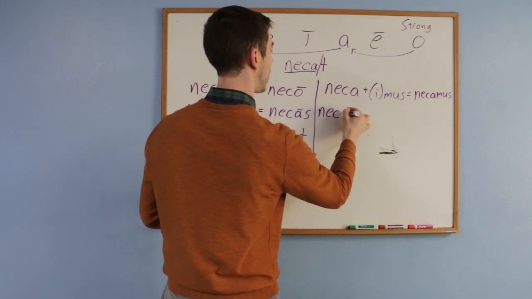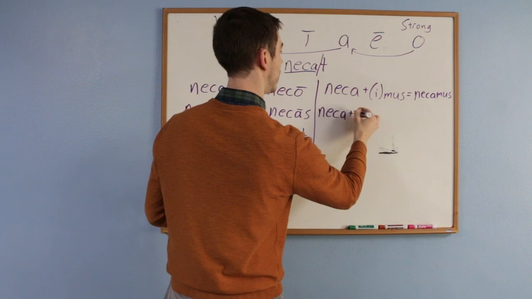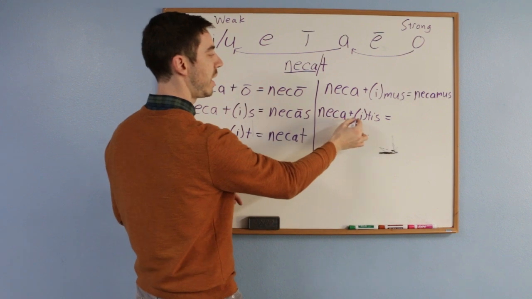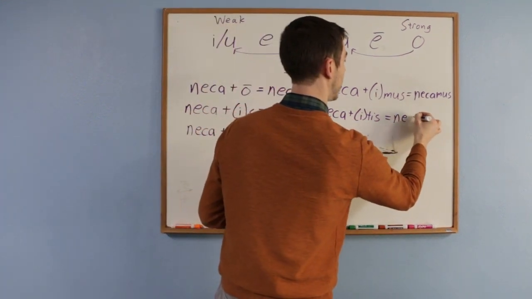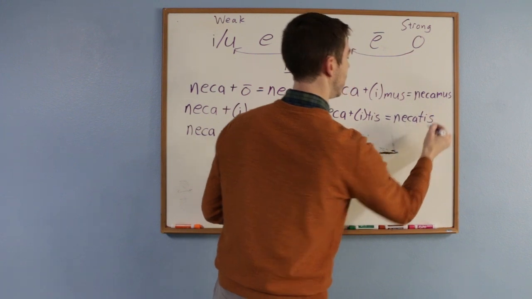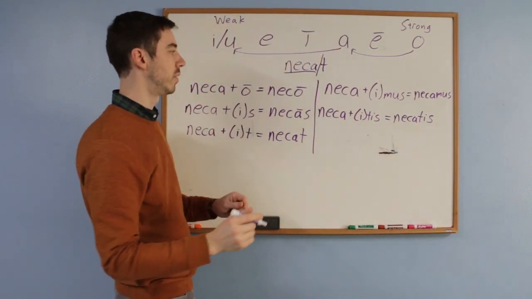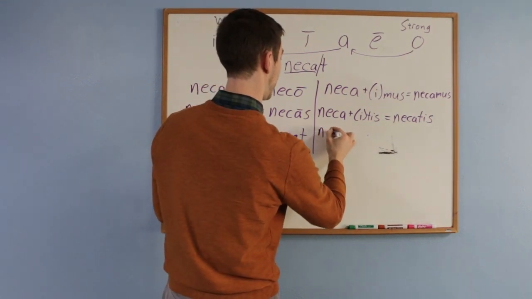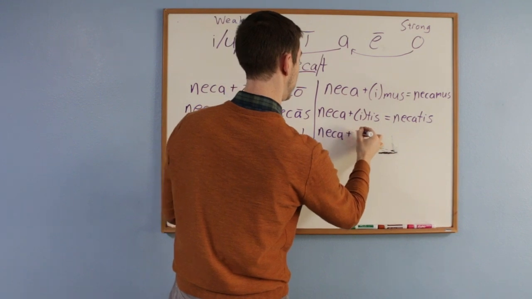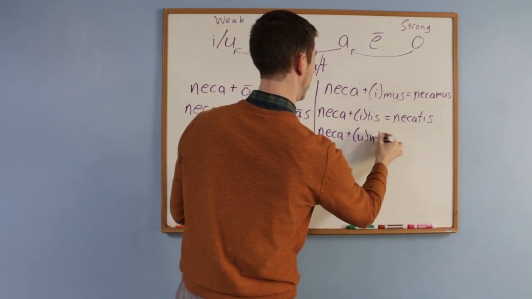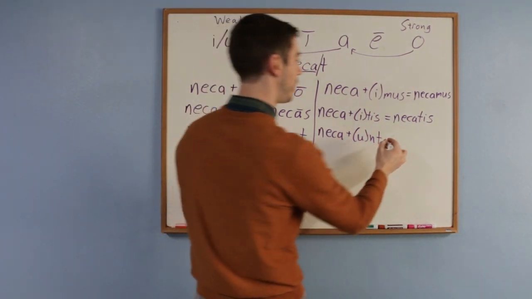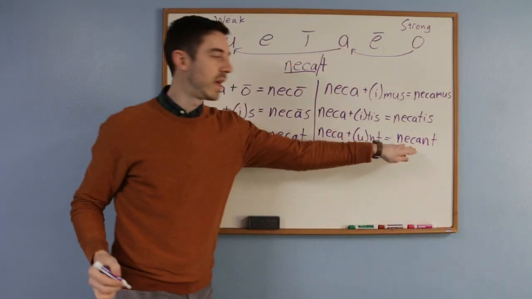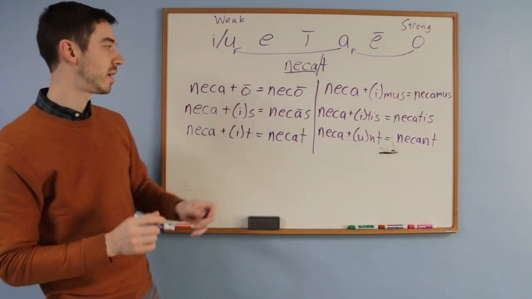We have neca plus itis, and again, a squishes the i, and so we get necatis, which means you all kill. And finally, third person plural, we have neca plus unt, and the a squishes the u, and so we just get necant. Necant means they kill, okay?